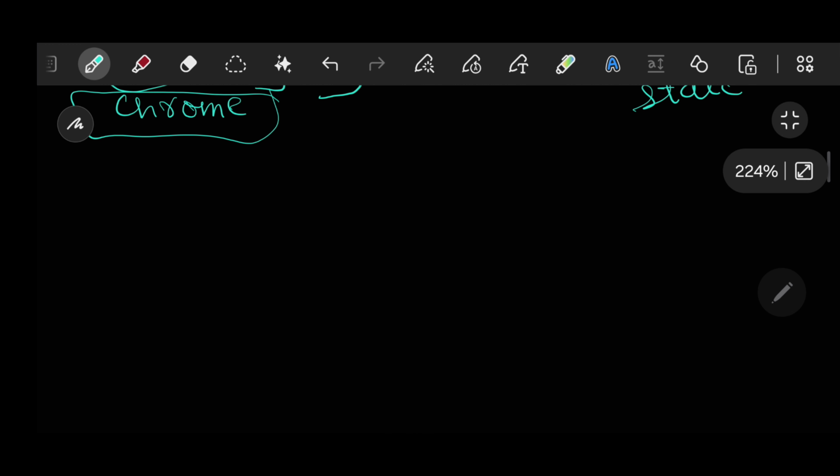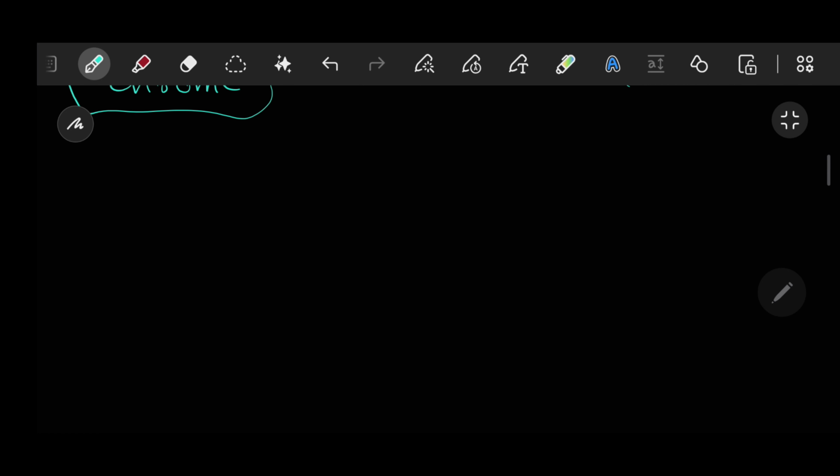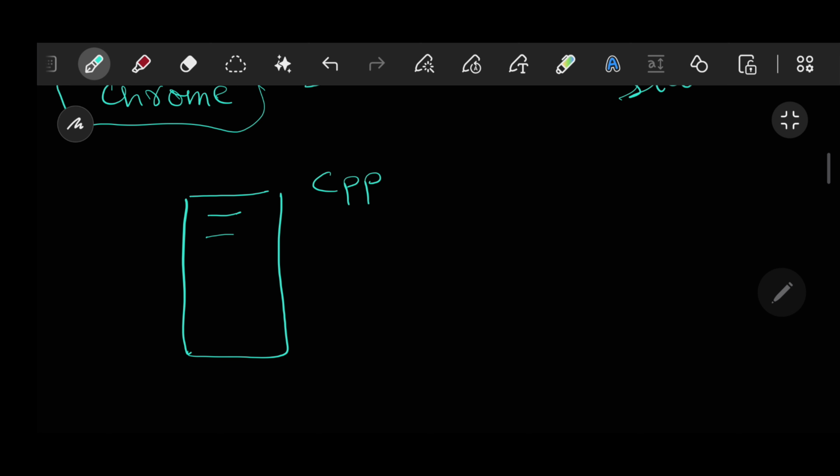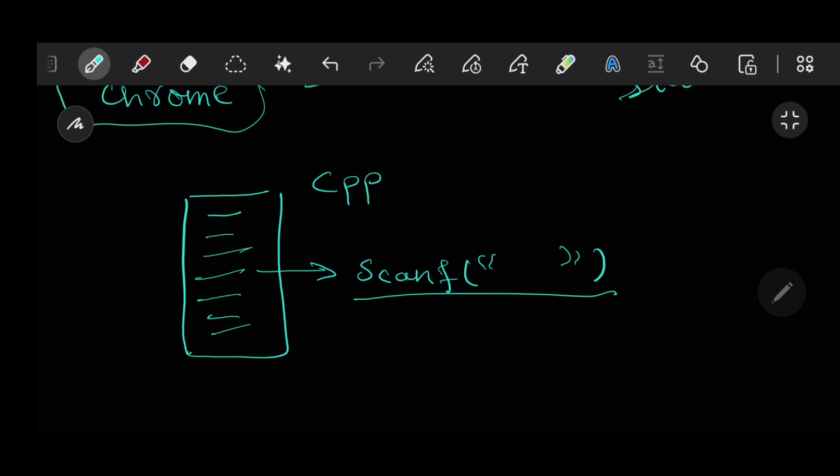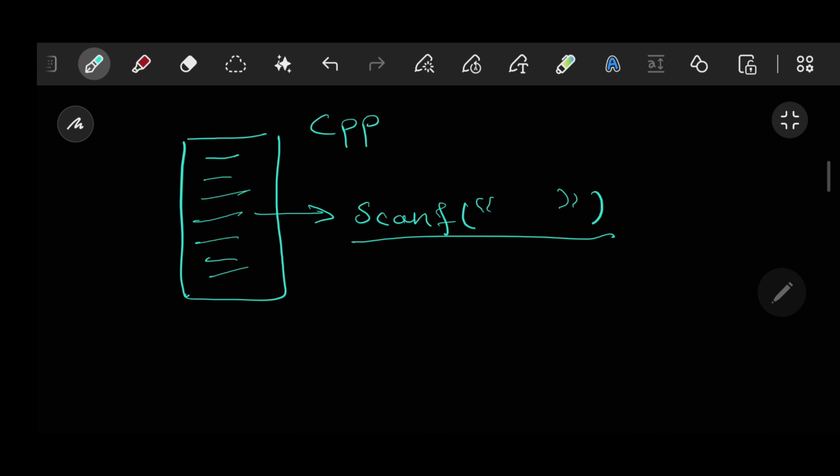The problem we are discussing is that, for example, if a program is running, let's say this is a C++ program, and suddenly it needs user input. For example, we take user input using scanf in C++. We discussed that humans and other devices like printers are slow devices, and the CPU is an extremely fast device.